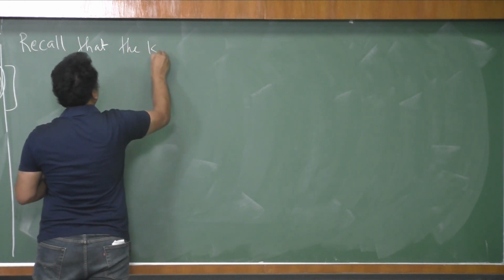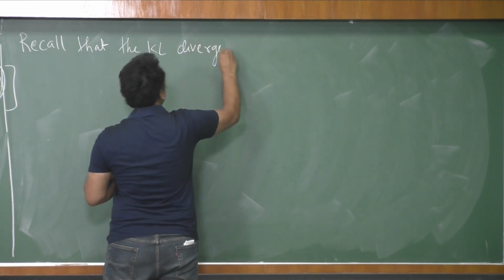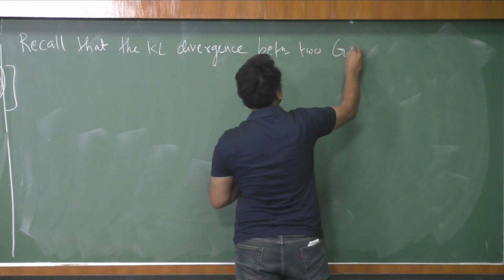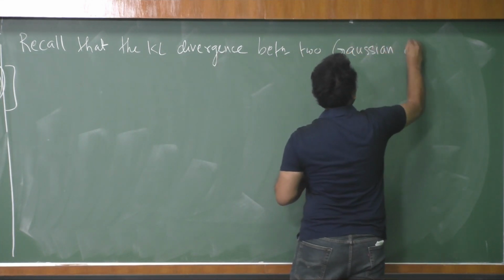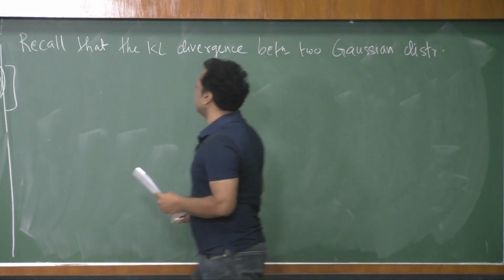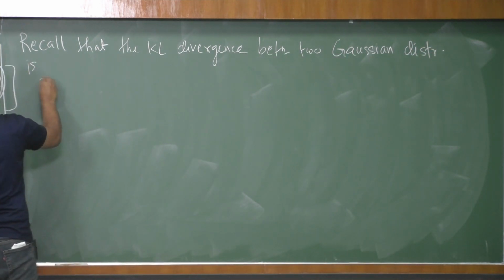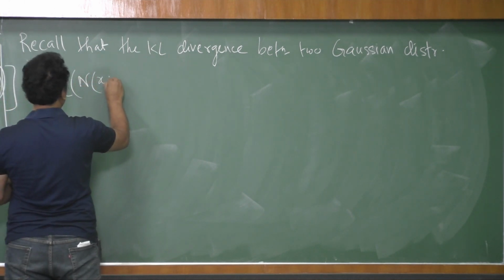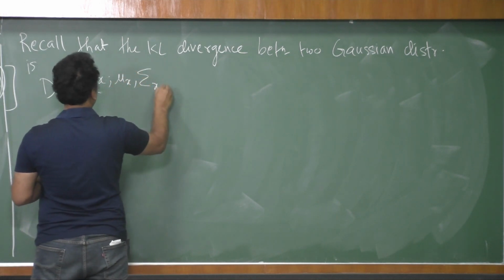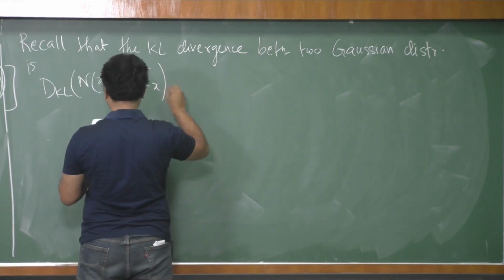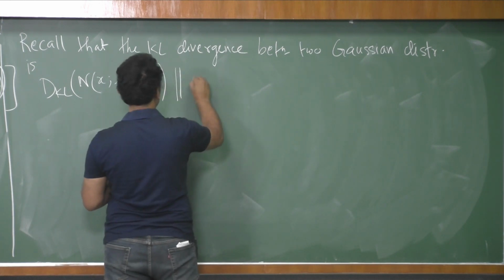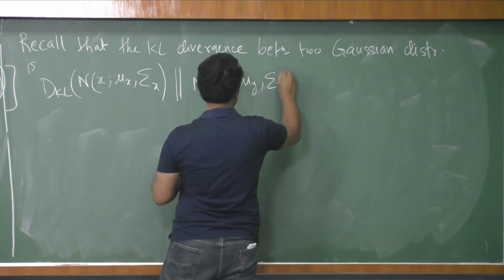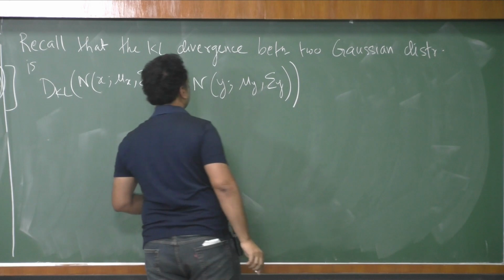Recall that the KL divergence between two Gaussian distributions is given by D_KL, where the first one is a normal with sample x, mean mu x, and variance sigma x, computed against a normal with sample y, mean mu y, and variance sigma y, and then we close the parenthesis.